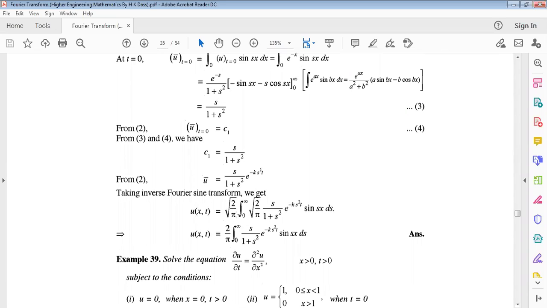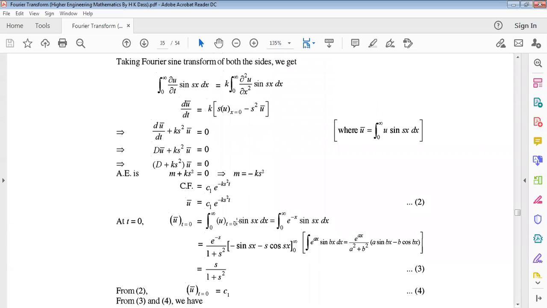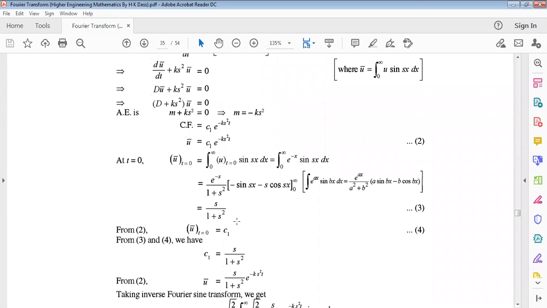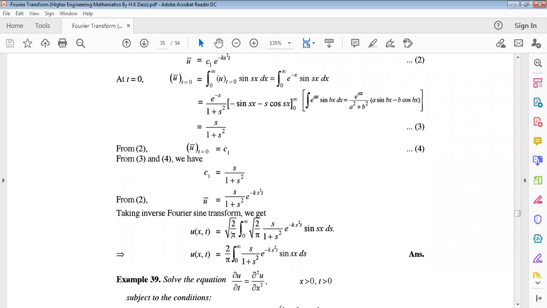Using the definition of inverse Fourier transform, root over 2 divided by pi, integral from 0 to infinity, and this is the whole f of x, the Fourier transform of f of x.